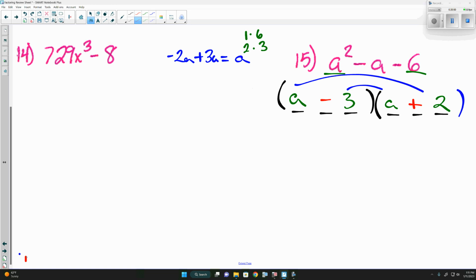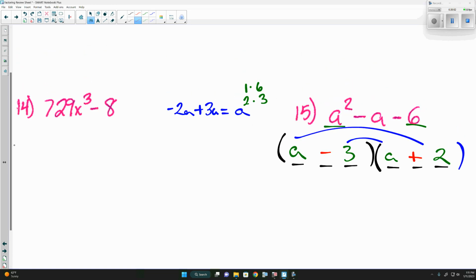Now we do have a difference. So it could be the difference of perfect squares or the difference of perfect cubes. X to the third. So I'm going to guess cubes if this is going to work. So we can take the cube root of 729, x to the third. And we're going to take the cube root of 8.